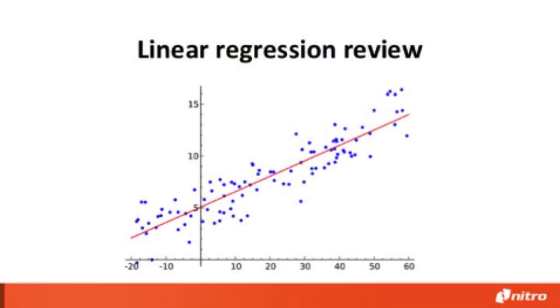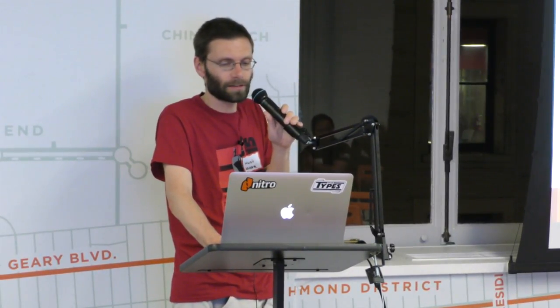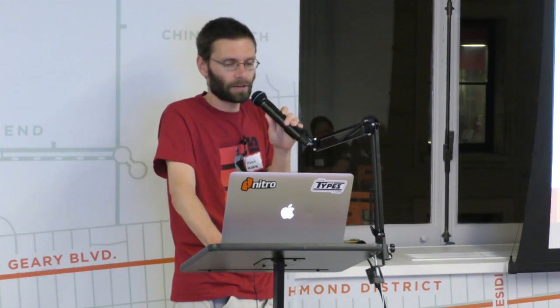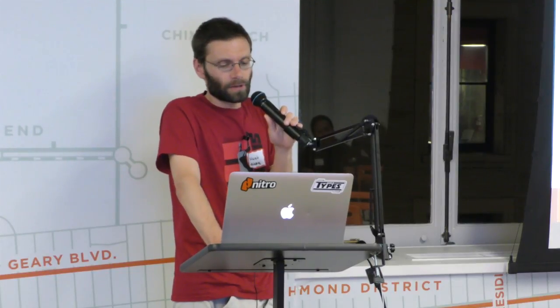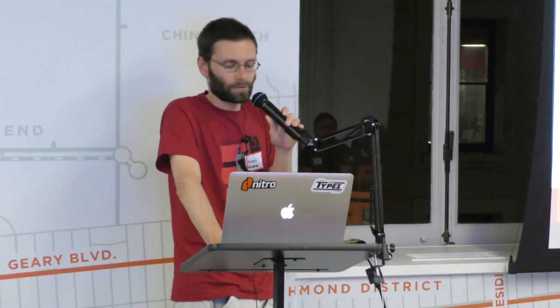So, linear regression. Before we go into the code, you have a feature on the x-axis, and you have a target on the y-axis, and you're trying to predict y as a function of x. Obviously, this relationship is not perfect. Therefore, we're trying to minimize the sum of squared residuals. We could have many more features than just one, but in that case, we wouldn't be able to visualize this.